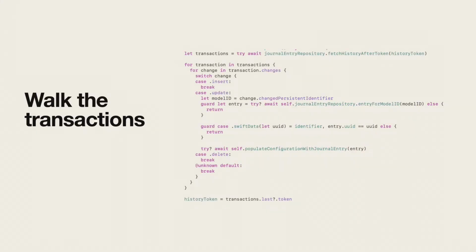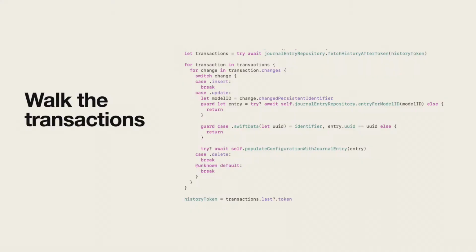Once we get all of those transactions back, we then need to do our iteration over them and go, okay, is this a change we're after? So we look at the transactions. A transaction is a collection of changes. Those changes can be everything that a context has done up to a save.